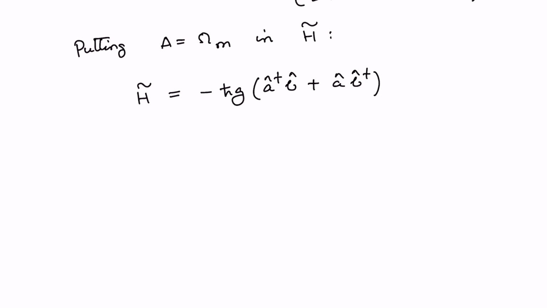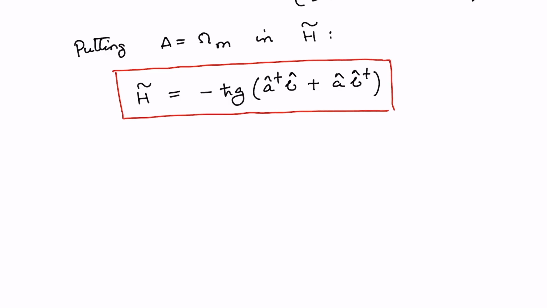So this is the Hamiltonian that we are going to get, and this Hamiltonian is quite useful and important. It has a name, and it is called the beam splitter Hamiltonian, and it will be clear to you why it is said so. Very useful Hamiltonian.